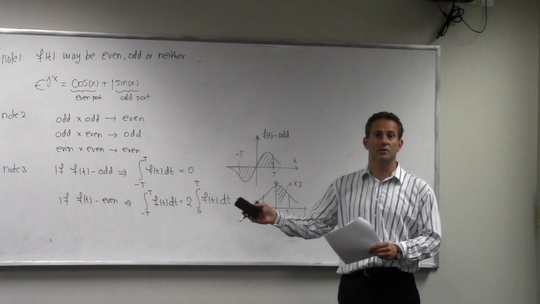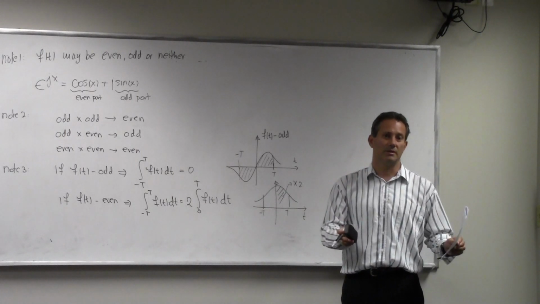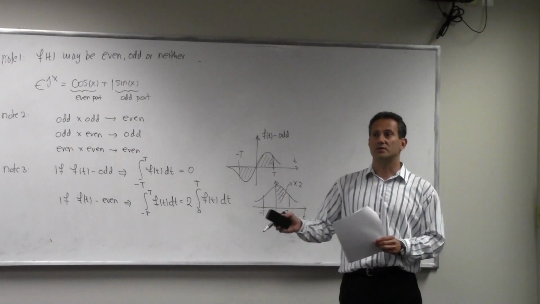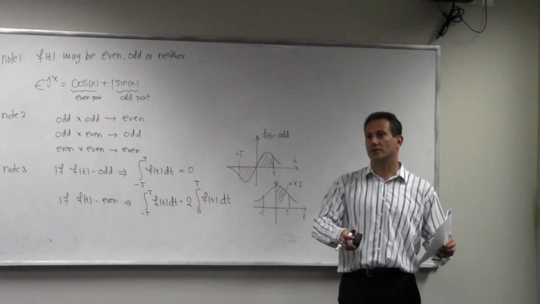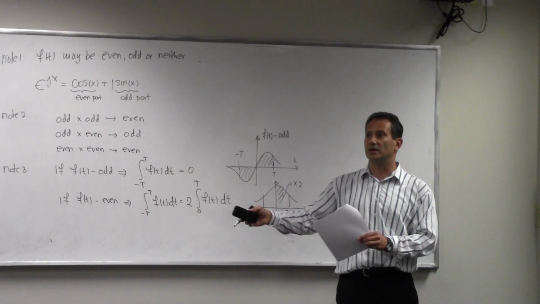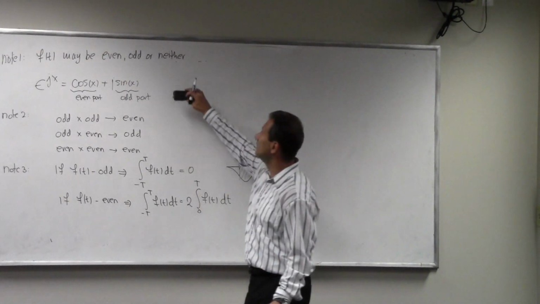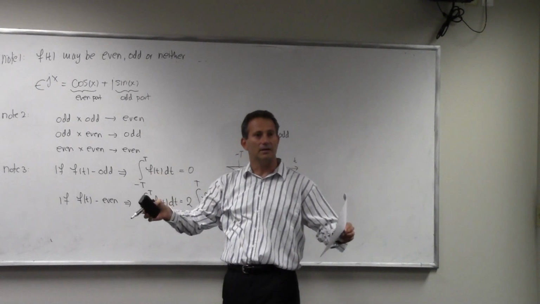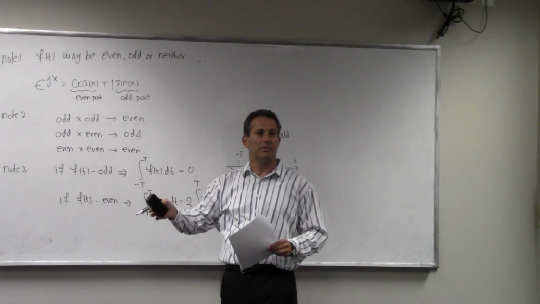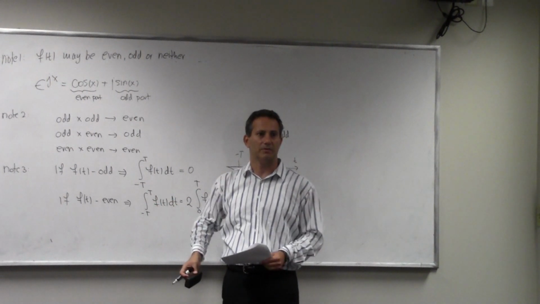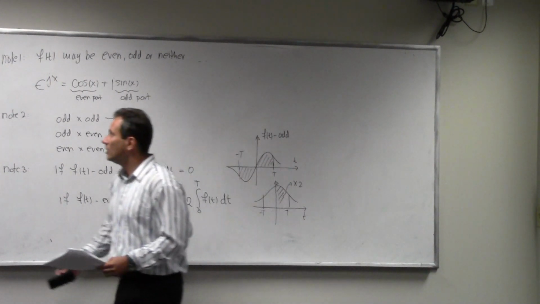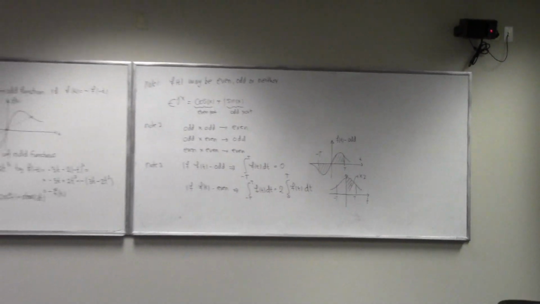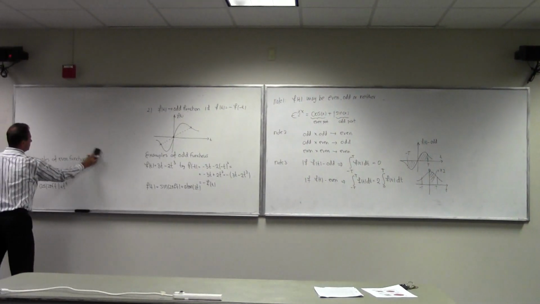Odd part is equal to 0, and even part is the function itself. If the function has odd symmetry, then even part is 0, and the odd part is the function itself. But if the function is in neither category, then I can create its odd part and its even part, and the sum of these 2 parts is going to be the function itself. So let's first formally show that that's the case, and then I'll give you an example to illustrate how we actually do that.